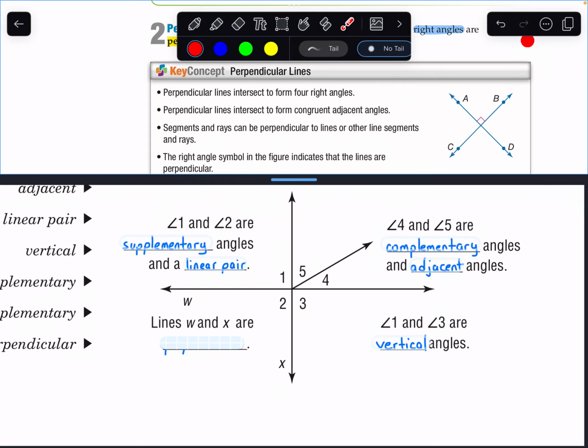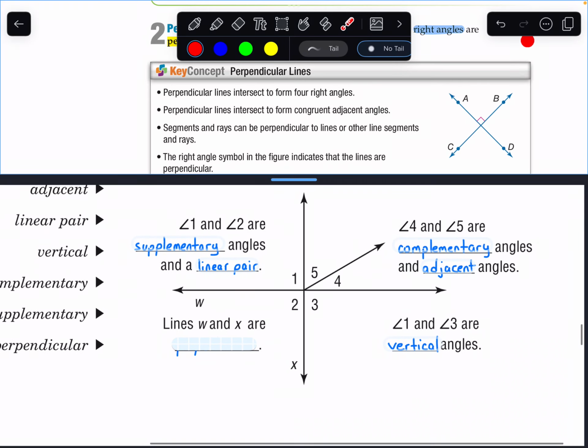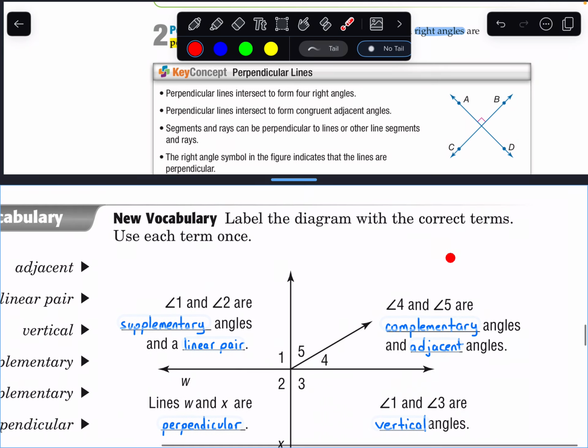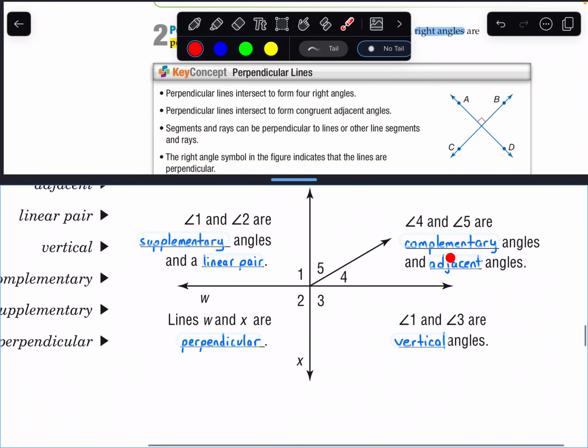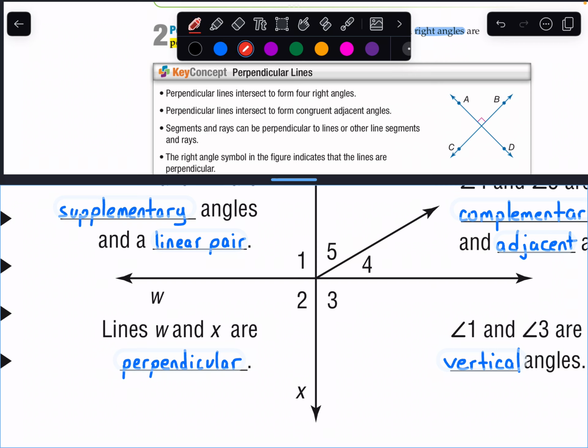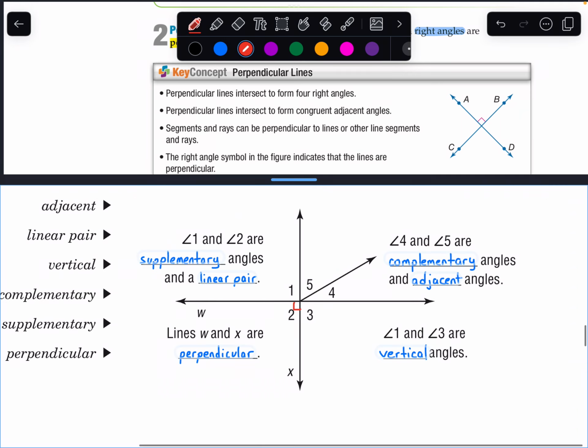Which means in our notes diagram, lines W and X are perpendicular, although we don't actually have the symbol in there. We're going to have to take their word for that. But let's go ahead and clear that up with a little right angle box. That'll make me feel better.